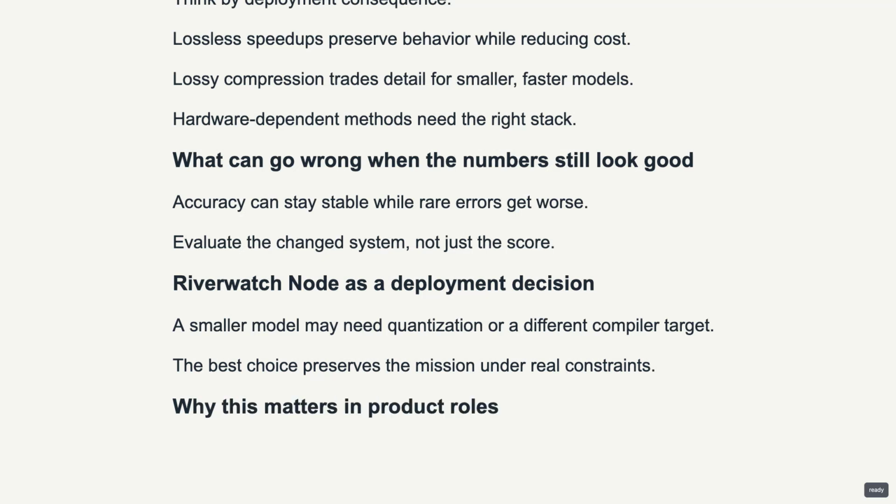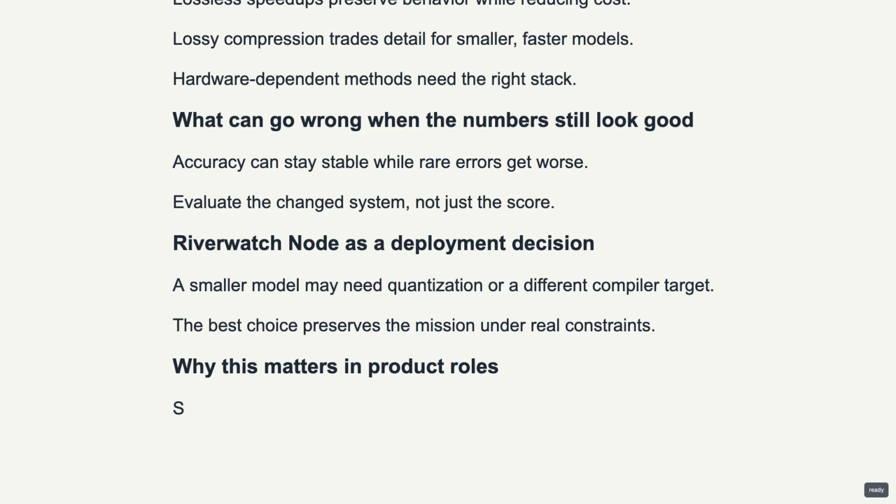Product and deployment roles expect this kind of thinking. Performance, memory, latency, and energy all have to be balanced without quietly degrading service quality. Shrinking a model is only one part of the job.